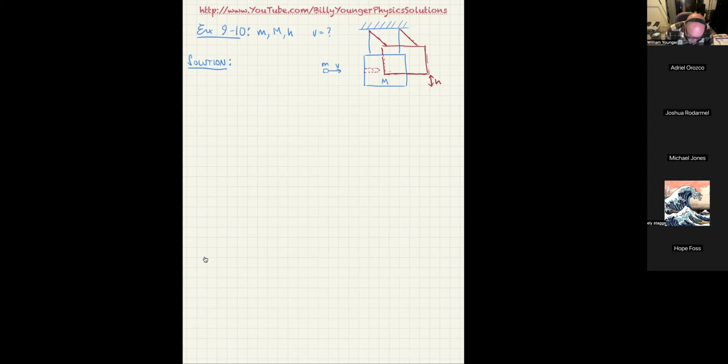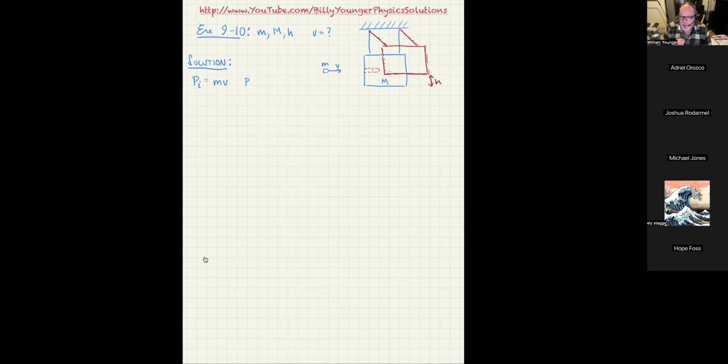So in this case, we're going to have P initial, and I'm using uppercase P because this is obviously a two-part system. It is one-dimensional, so I'm not going to waste my time on vectors and vector symbols. But the initial momentum is just m times v, and then the final momentum. Now this is just for immediately after the bullet embeds itself in the block.